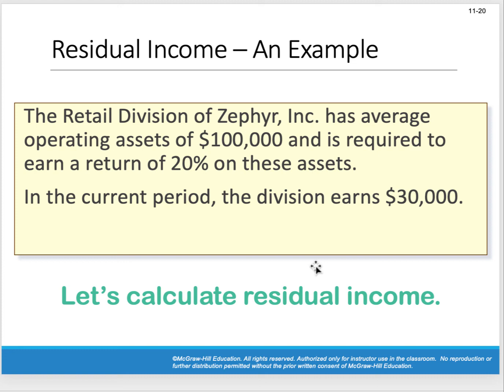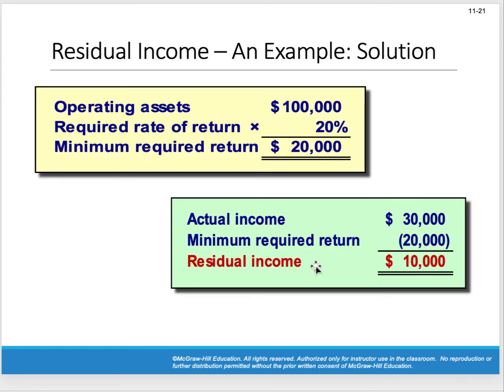So the retail division has average operating assets of 100 grand. It's required to earn a return of 20% on these assets. They tell us that in the current period, this division earns $30,000. That's going to be their net operating income. We need to figure out what is the residual income. So super easy, right?